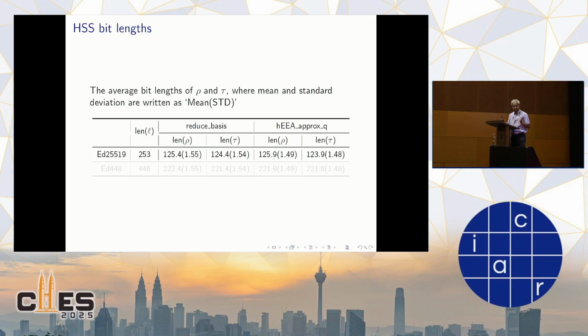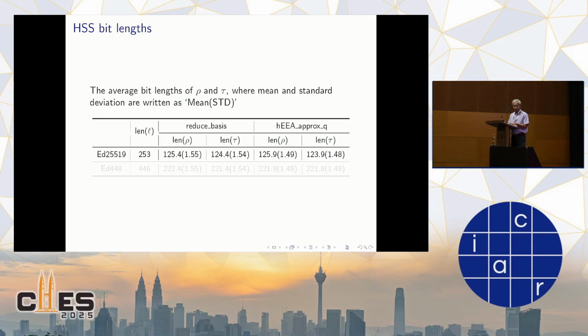And this is for two curves. The first one is for the Ed25519 instance of EdDSA. So here we have length of L equal to 253 bits. And as you can see in that row, the length of rho for reduced basis is on average 125, and more or less the same for the other algorithm.